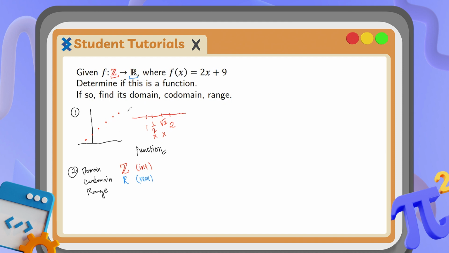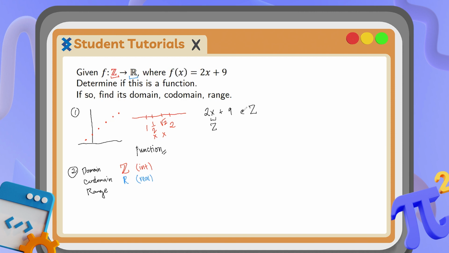So as you notice, since our inputs are integers, and you multiply that by an integer 2, and then add it to another integer, which is 9, you should get an integer.